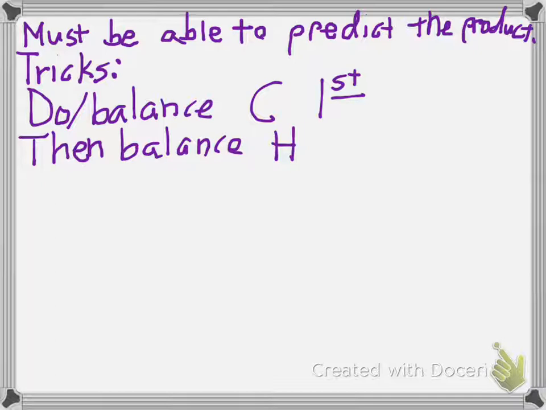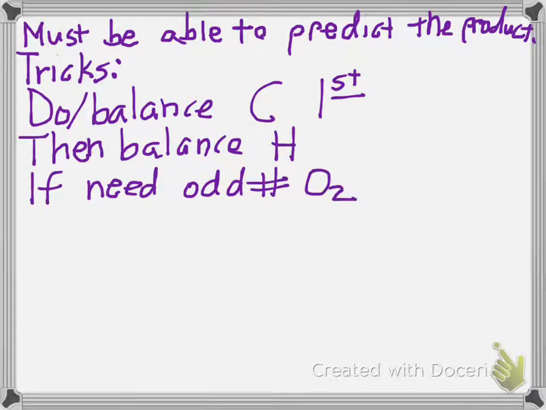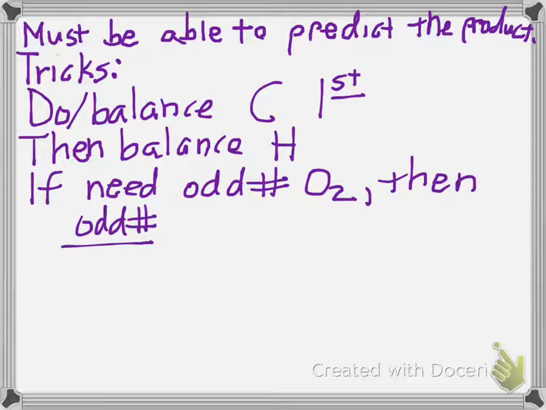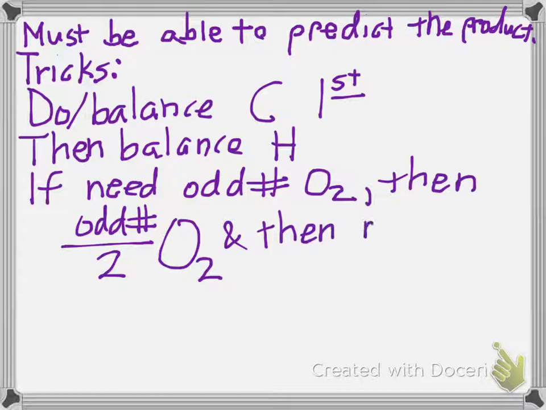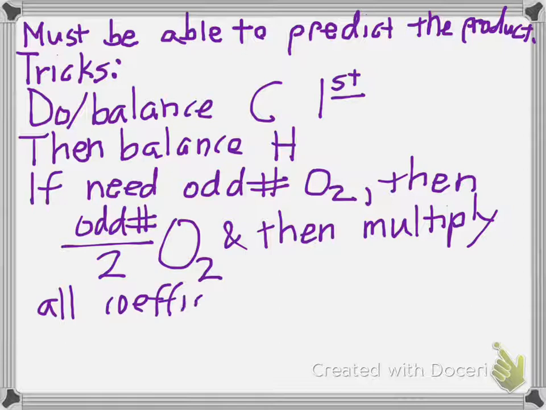If for some reason your oxygen hasn't worked out, if you need an odd number of oxygen, then you're going to put that odd number that you need over 2 as your coefficient on oxygen, and then multiply all the coefficients in your equation by 2.